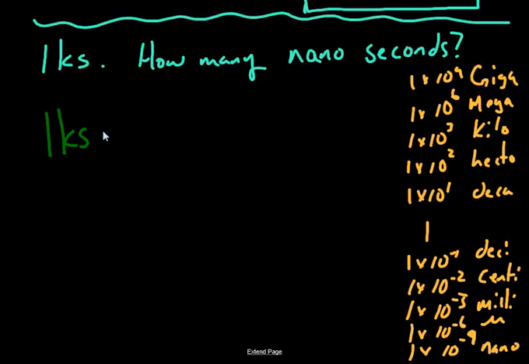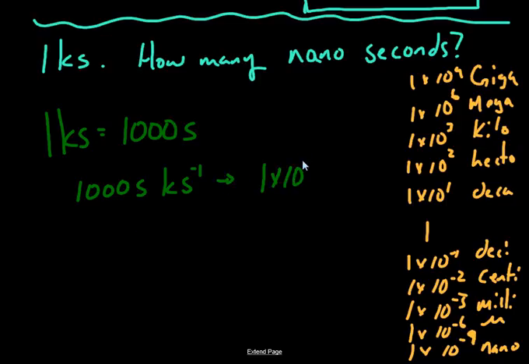For every 1 kilosecond, that's the equivalent of 1,000 seconds. So our conversion factor is there are 1,000 seconds per kilosecond. Does that make sense? Just to save a little space, how about 1 times 10 to the 3 seconds for every kilosecond?